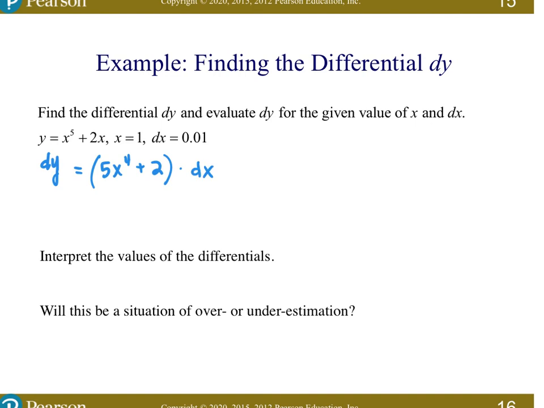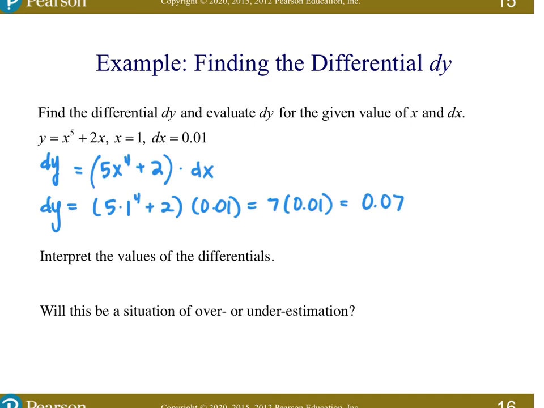So if our x value is 1, and we're changing our x value by 1/100th, so 0.01, what will the resulting change in y be? So that would be 5 times 1 to the 4th plus 2 times 0.01. So that's 7 times 0.01, or 0.07.